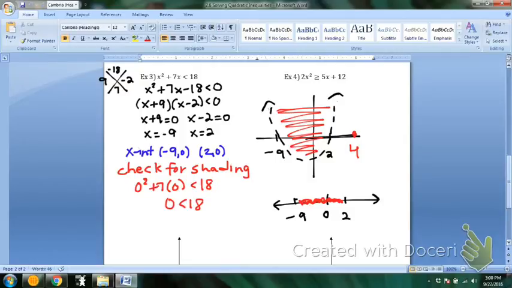No, if there's no equal sign, do we use parenthesis or a bracket? Parentheses. Okay, so now we're going to make our parentheses facing each other because that's the way that I shaded. And then my final answer is -9, 2 with parentheses.